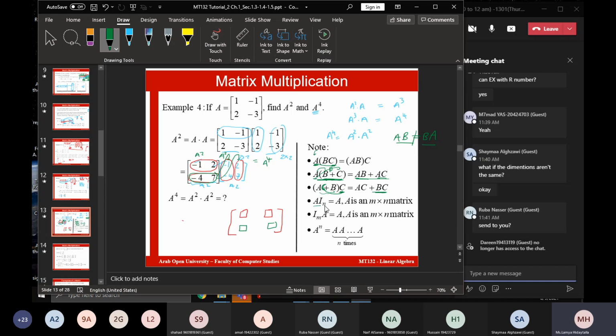A multiplied times the identity matrix is always A. If you have any matrix, let's take an example.